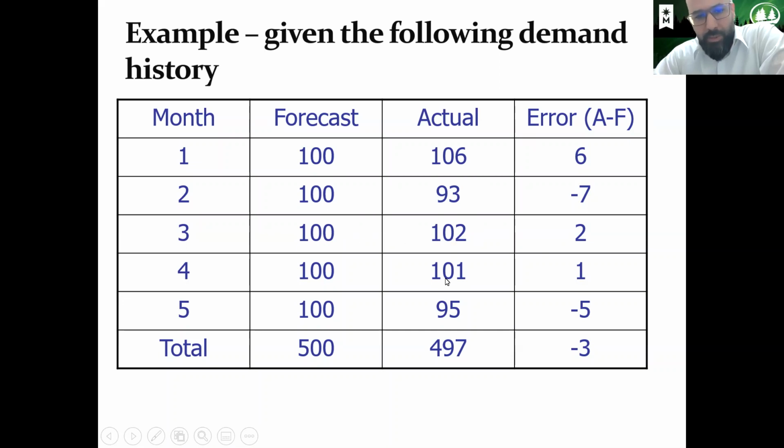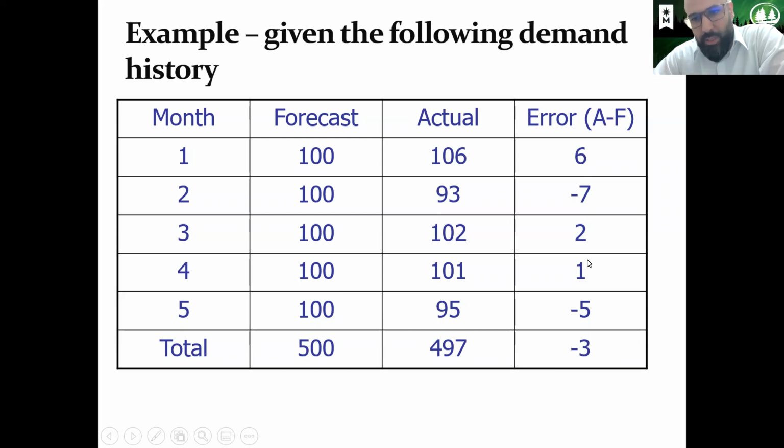For the next period, 101 minus 100 gives you 1. For the fifth period, the actual 95 minus 100 gives you the -5 as the error for that period. And then overall, we subtract 497 minus 500, which gives you a -3.